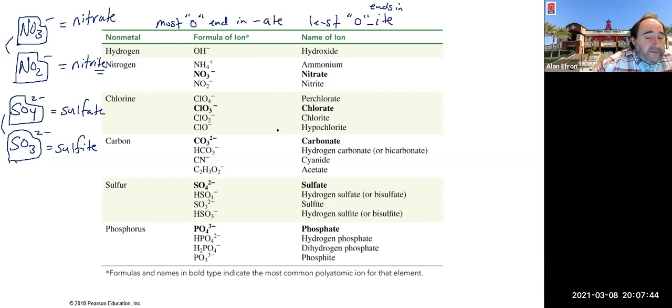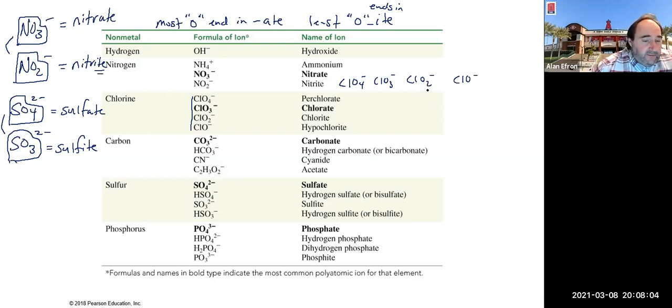There are groups that are like 4 things related to each other. This is the most common one that we see: ClO4 minus, ClO3 minus, ClO2 minus, and ClO minus. They all have a -1 charge.